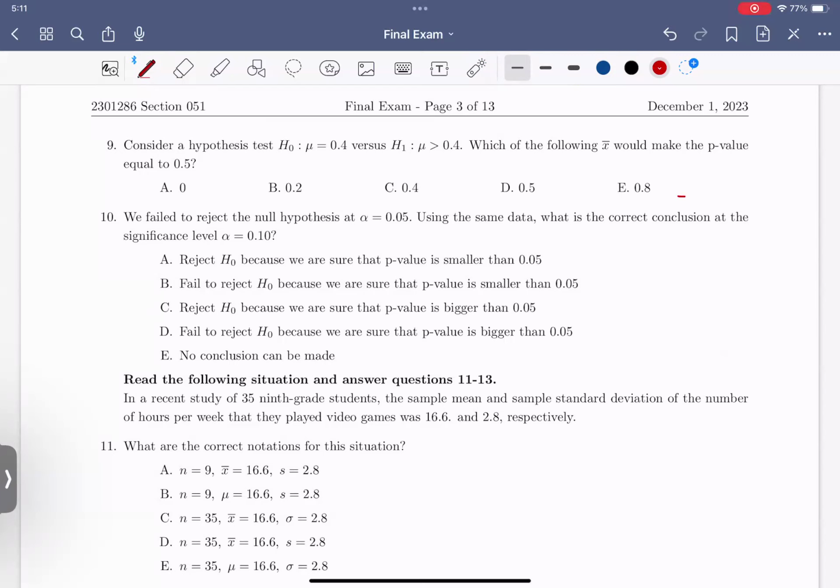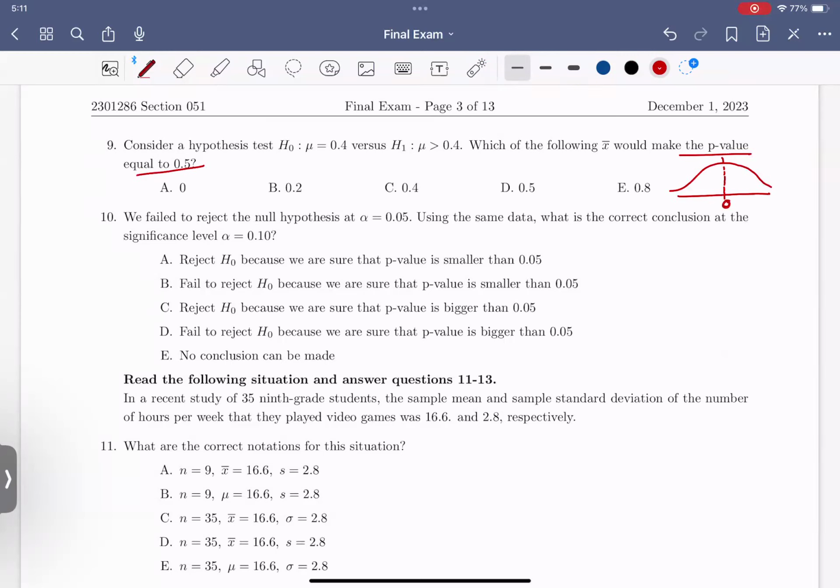So when the p-value is going to be 0.5, think this way. If you have the test for the population mean mu, and you decide to use whatever Z test or T test, you're going to have the center at 0, right?